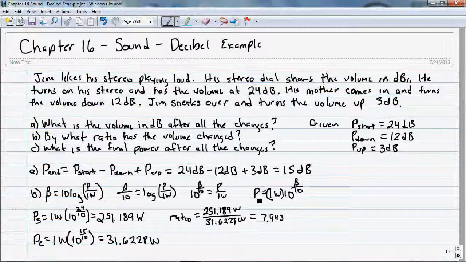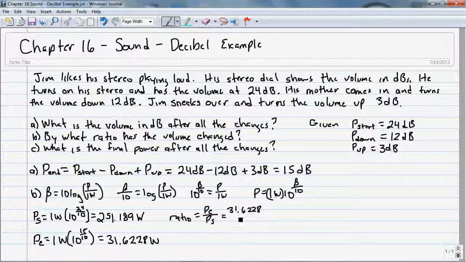Okay. And actually, I did this the wrong way. It should be the other way, because the ratio should be the end over the start. So that's going to be 31.6228 watts over 251.189 watts.